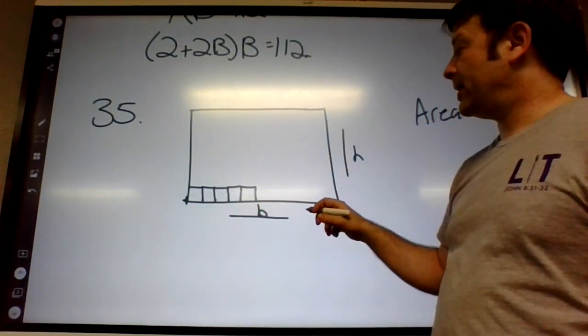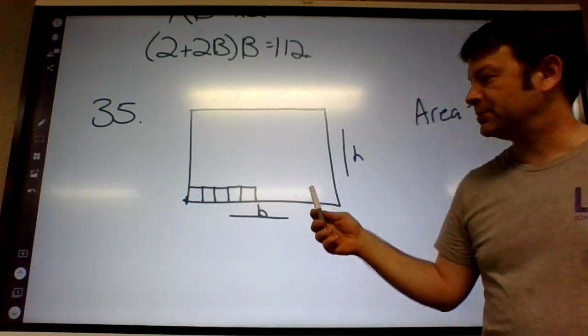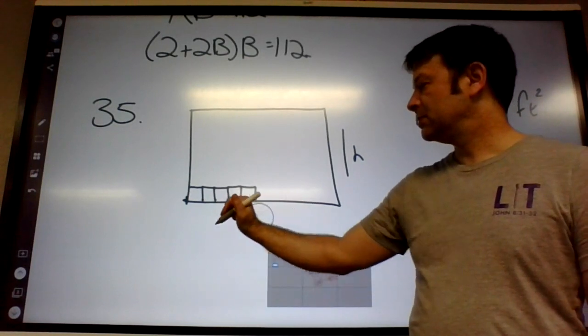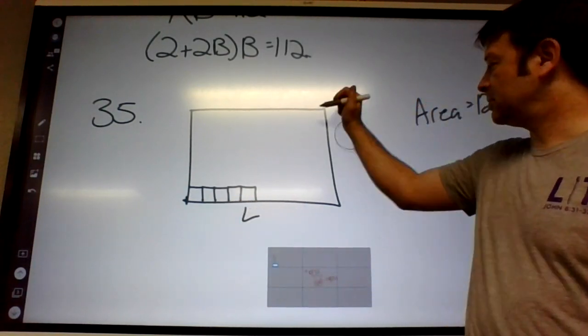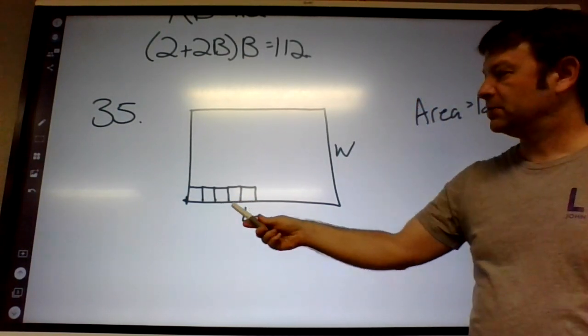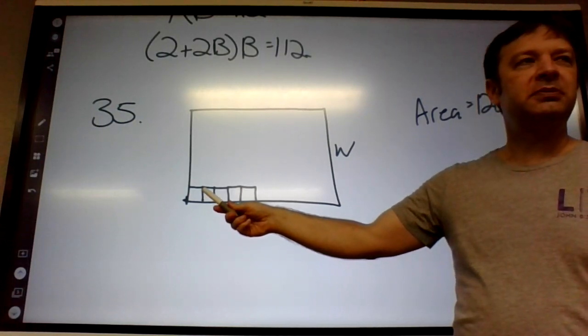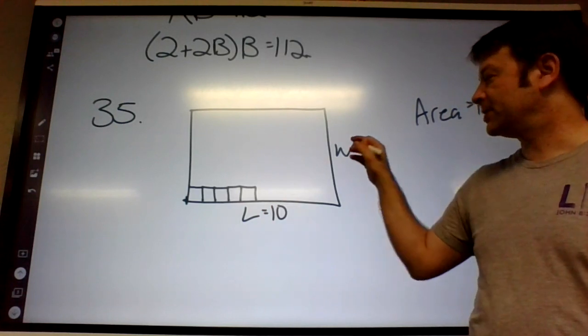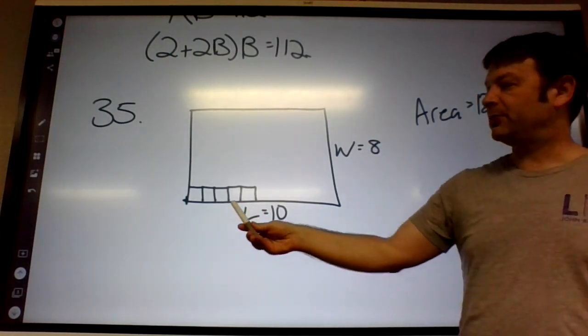So, how would we find the perimeter of a rectangle? Let's call it length and width instead. If we knew this was, let's say, 10 or something, and this was 8, how would we find the perimeter?